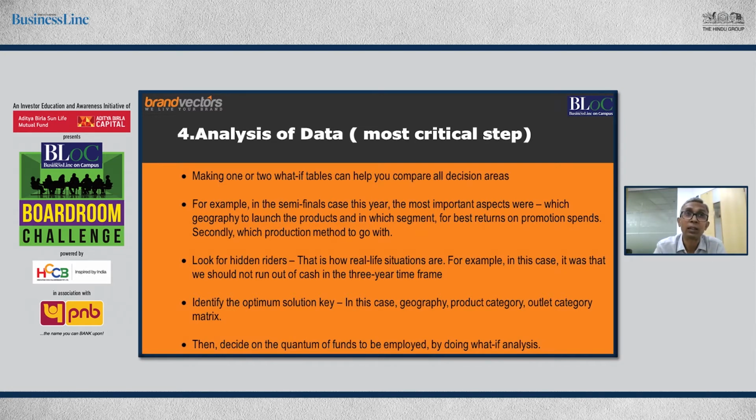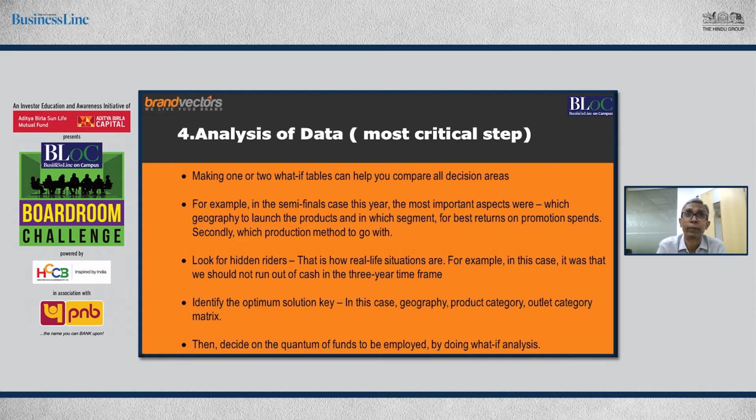Once we have done that, then you need to look at the quantum that you need to put in. For instance, I test the matrix by putting in 10 crores. So for 10 crores, what is the max share or max revenue that I can generate? Once I've got it that in this box, I can generate the maximum revenue, this is the second maximum, this is the third, so I would either look at 1, 2, 3 or not look at the other. That's a decision that you've taken.